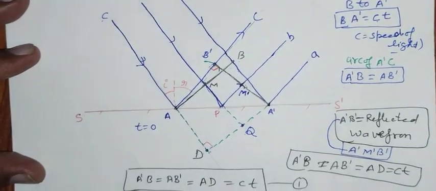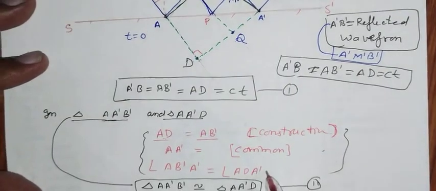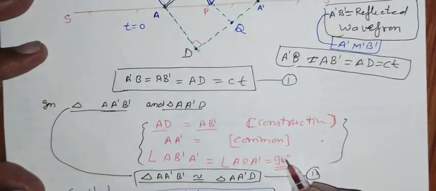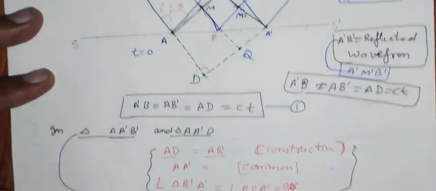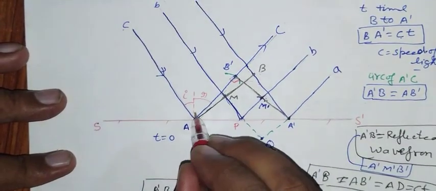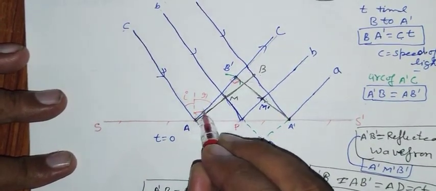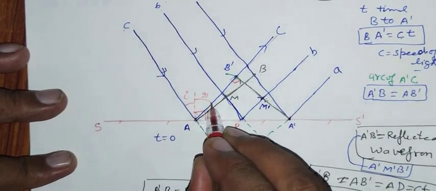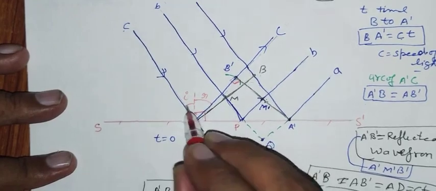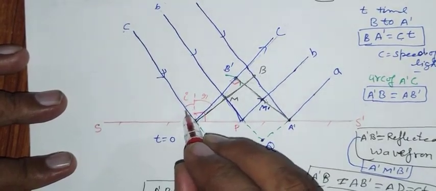Both angles are equal here, and this is equal to 90 degree also. Right? Now see carefully here. This total is 90 degree and it is R, so it is 90 minus R in that condition. It is I, total 90, so this becomes 90 minus I.